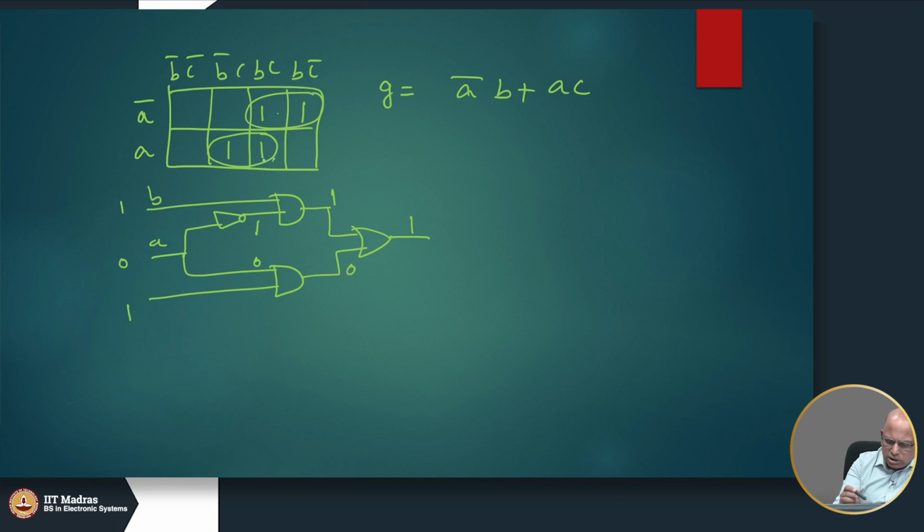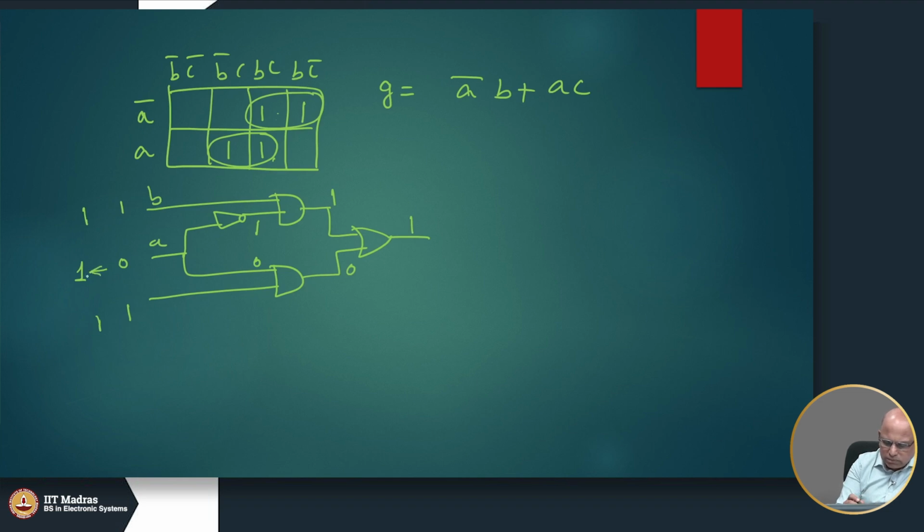Now, when it comes to this input, A is 1, right, and B is 1, and C is 1. So, A changed from 0 to 1.